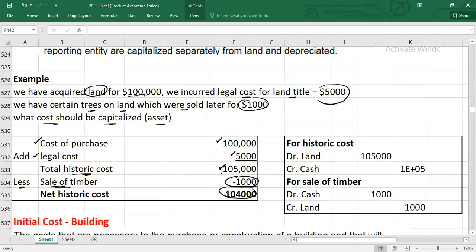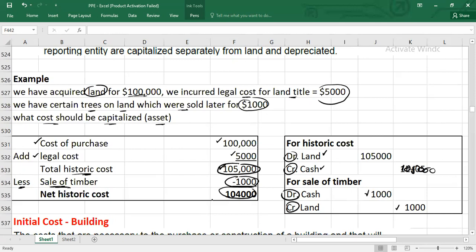But if you have sold it later, what can you do? Today you can pass the entry with the initial cost, like debit land account and credit cash account with $105,000. And later, once we sell the timber, at that time the entry you can pass is debit cash account with $1,000 and credit land account with $1,000.